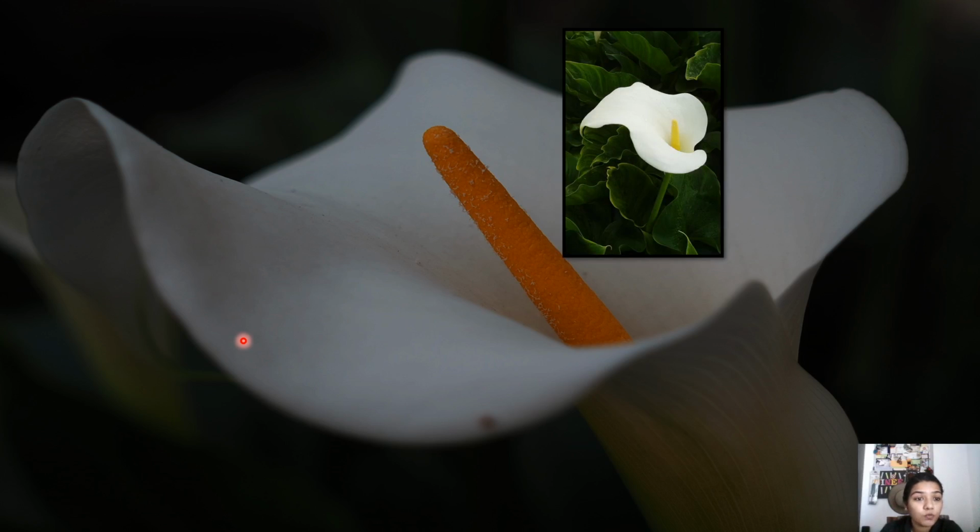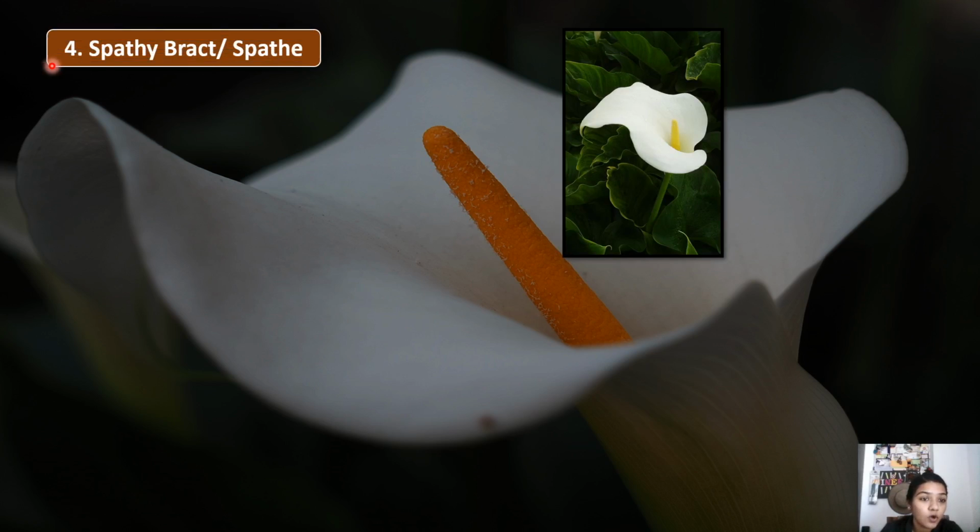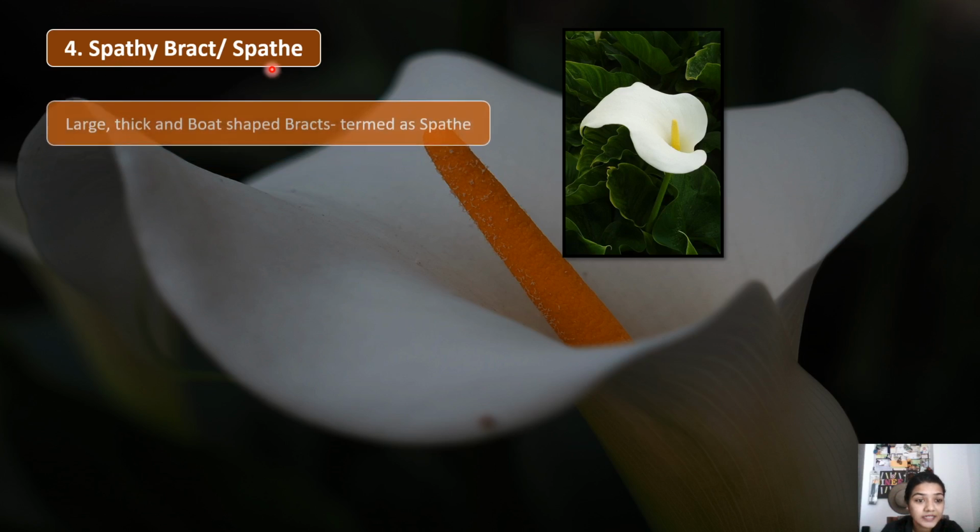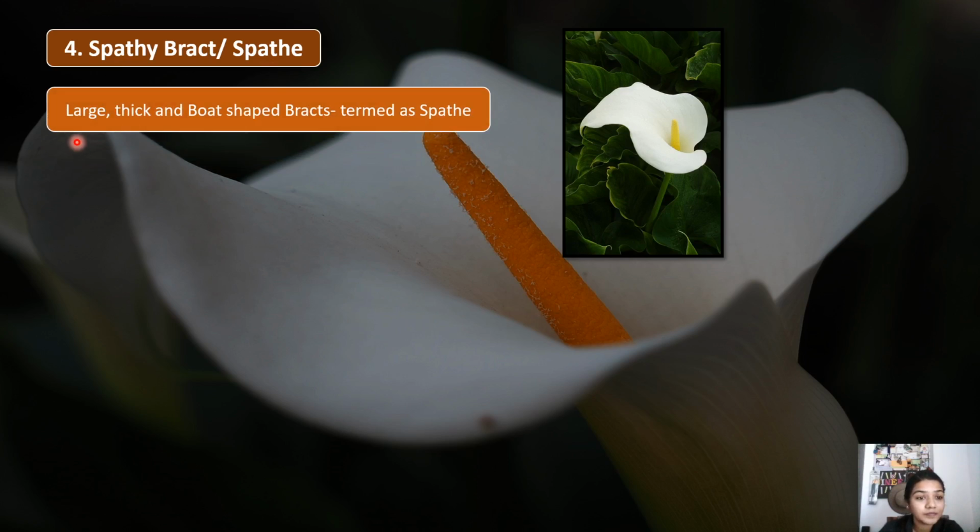So now moving towards the understanding of the fourth type of bract, that is the spathy bract or spathe bract, right? Now these are large, thick and boat shaped bracts, termed as spathe.